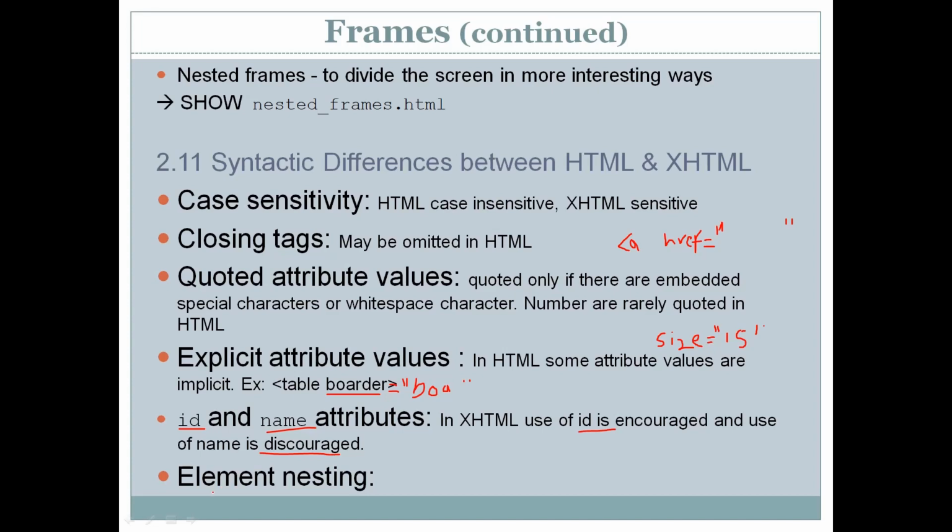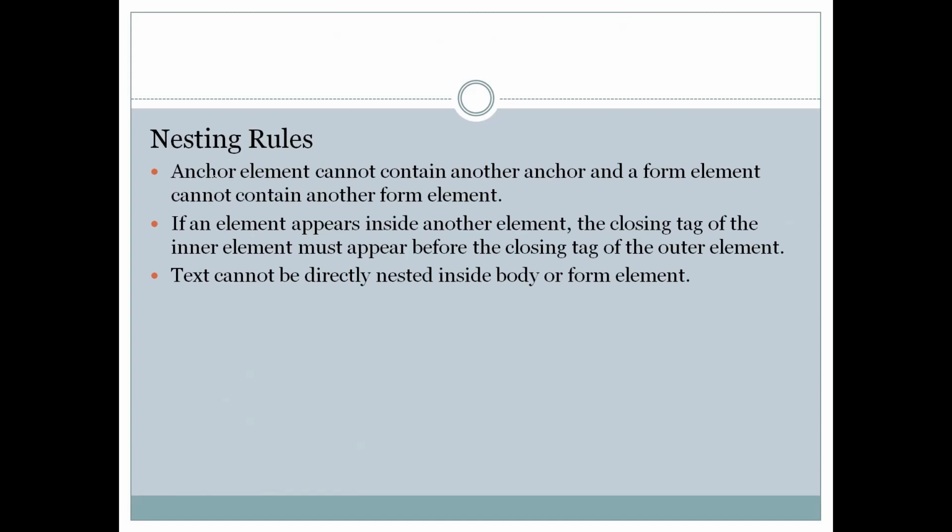The next is nesting of elements. Nesting rules: anchor elements cannot contain another anchor, and a form element cannot contain another form element. So as per the rule, you cannot include an anchor inside an anchor or a form inside a form.